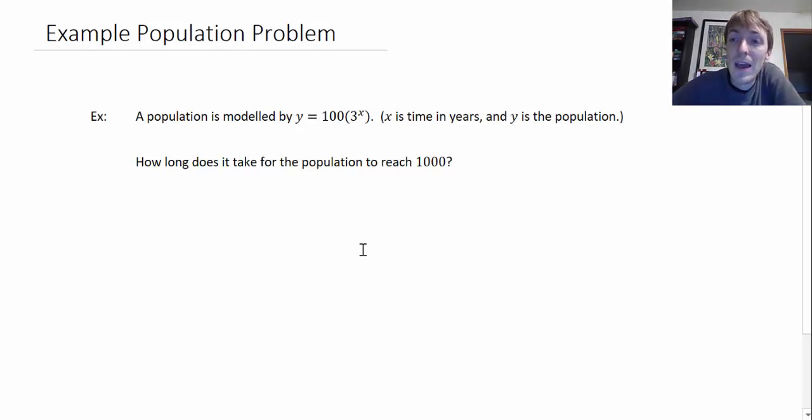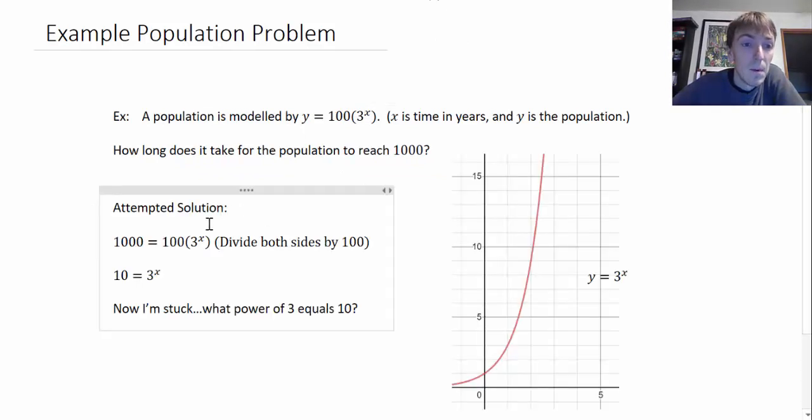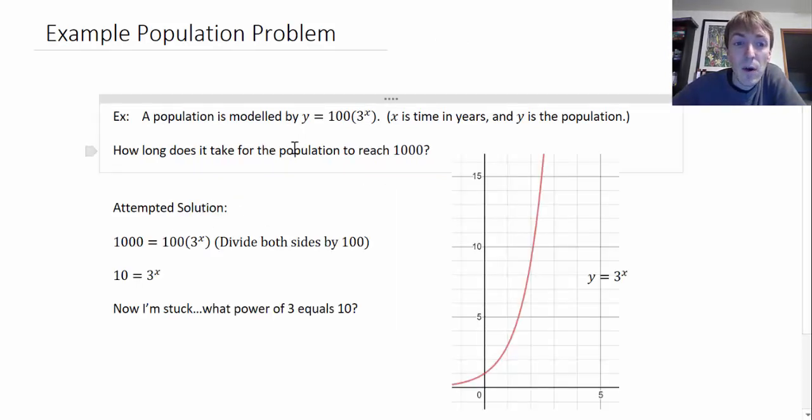Okay, so here's my attempt to solve this problem. I'm going to do some algebra. I'm looking for when the population reaches 1,000. If population is y, then I should set y equal to 1,000 in this equation, and then solve for x.